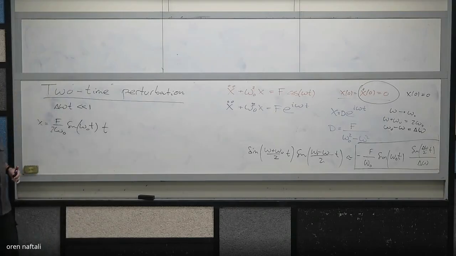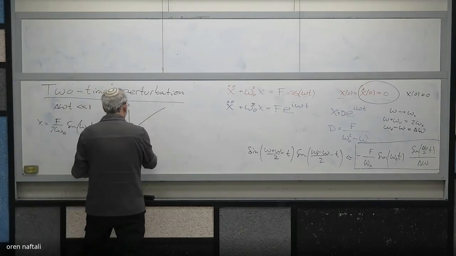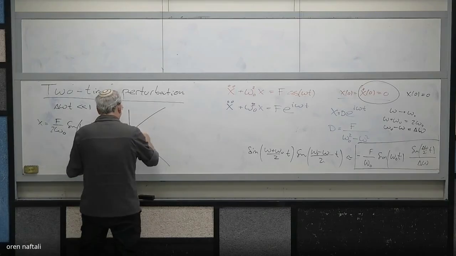You see? And how does this look? I have t, something like that, and inside t, I have this sine omega naught t.